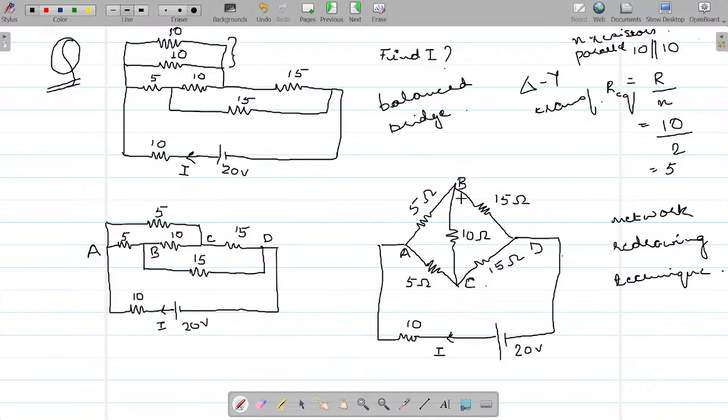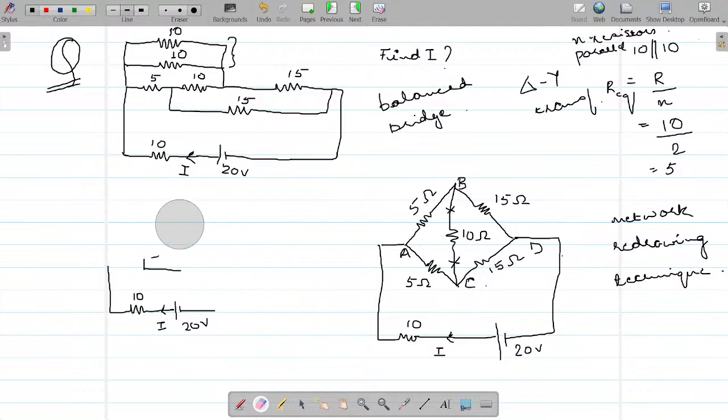So can I remove this branch? What would our equivalent circuit be? I'm erasing this part of the board. I hope you noted down everything that I was talking.